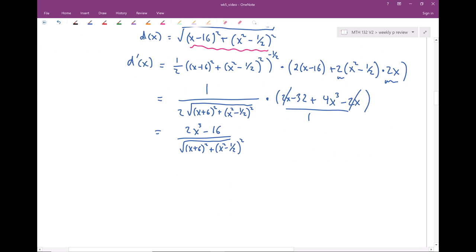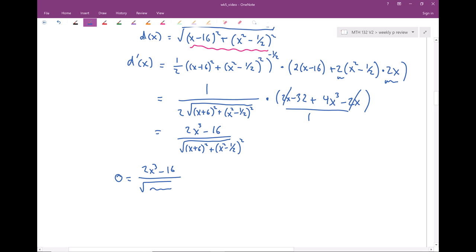All right, so there is my derivative, and then the question is, where is this 0 or where is it undefined? I'm trying to find critical points. And so, okay, the easiest one is certainly if it's equal to 0. So if it's equal to 0, and I'm just going to write the square root of stuff down there.